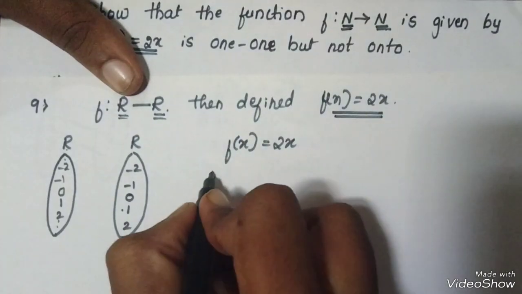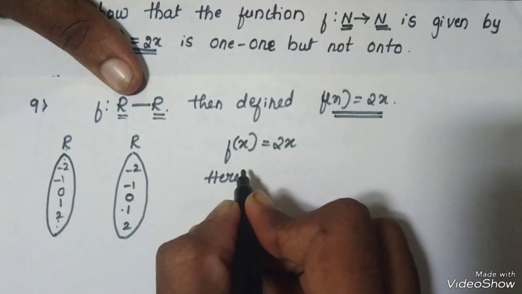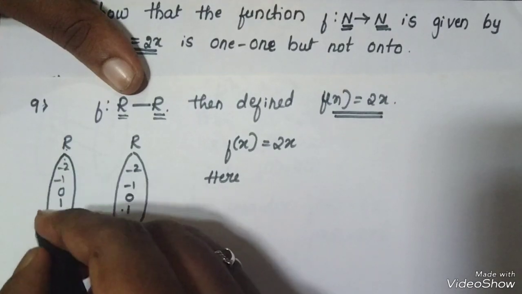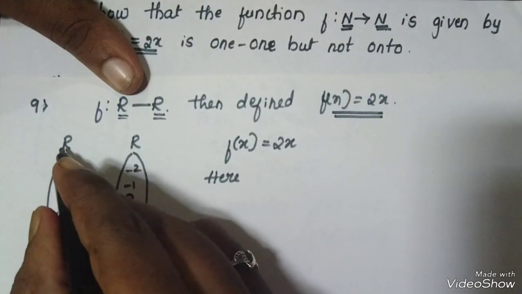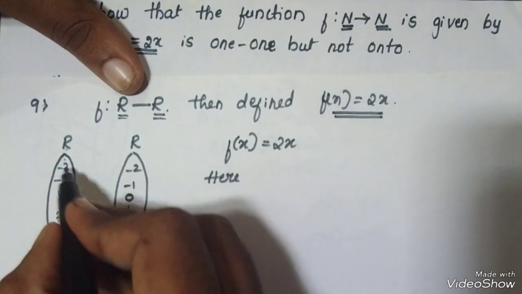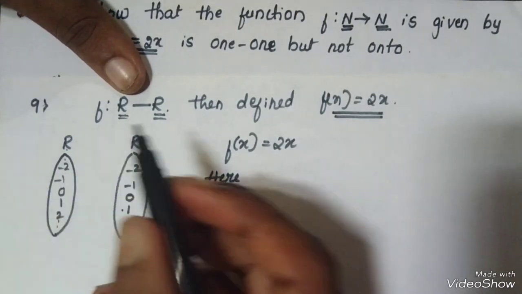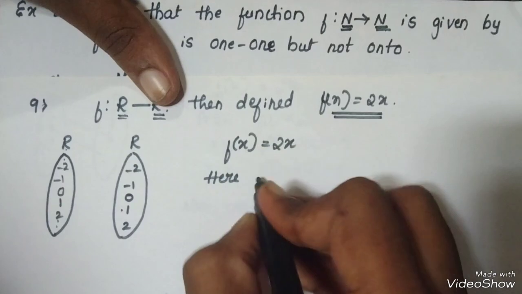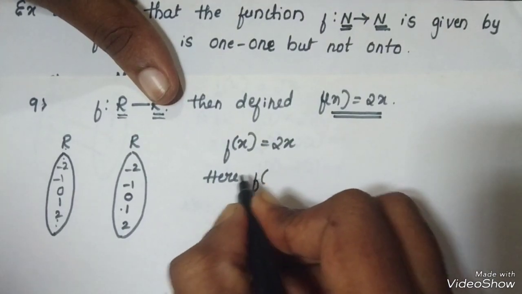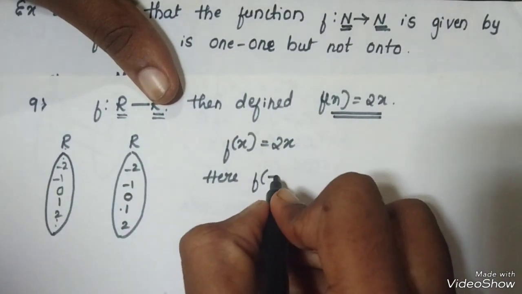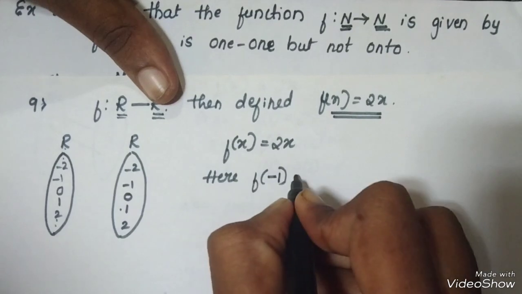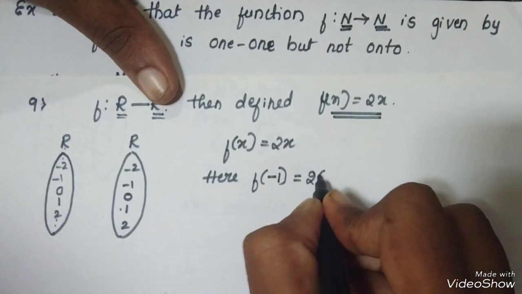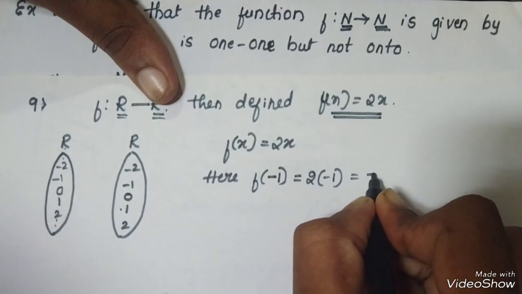Here the elements present in the domain are real numbers. We have to substitute the real numbers. I will consider x as -1: f of x is 2 into -1, that is -2.